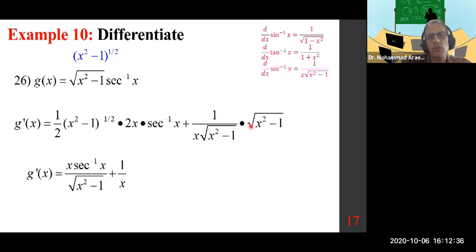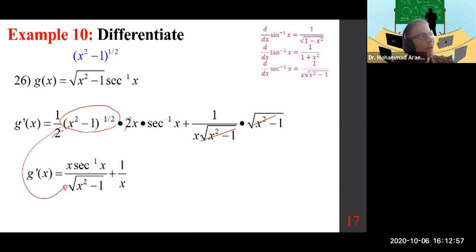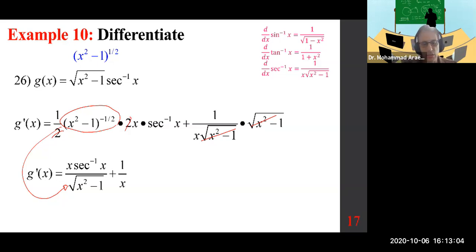X squared minus 1, x squared minus 1 under the radical, they cancel each other, we get 1 over x. In other words, let's just make sure we understand what happens. This part cancels out this part, and this is the same as this part, class, where 2 cancels out 2. Okay, it's pretty straightforward. We're going to look at the last example again, and you've got to practice with it.